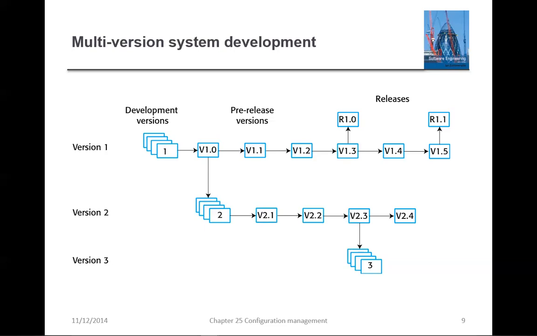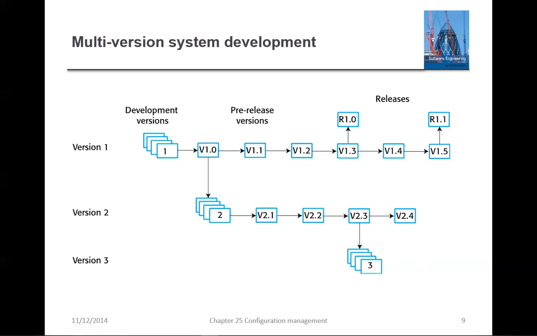No new features are being added at this stage. While version 3 is a development system where new features are being added in response to change requests from customers and the development team. This will eventually be released as release 3.0. So this is how multi-version system development happens.